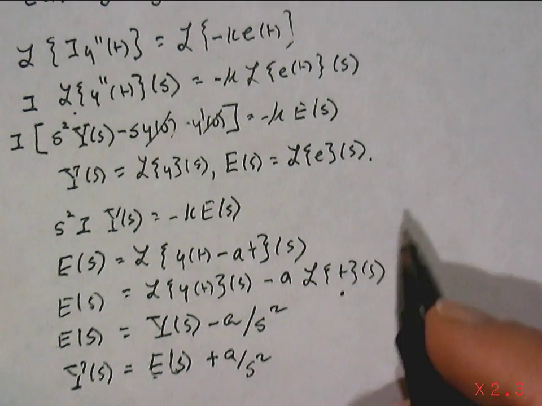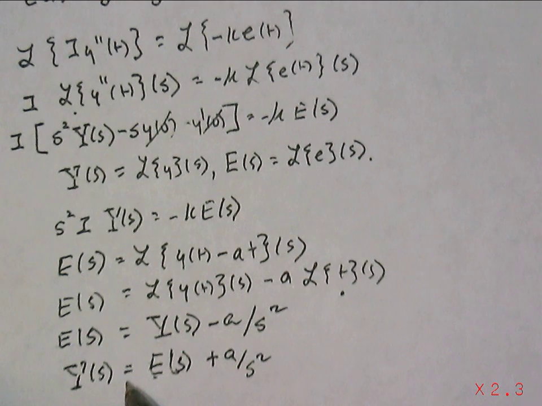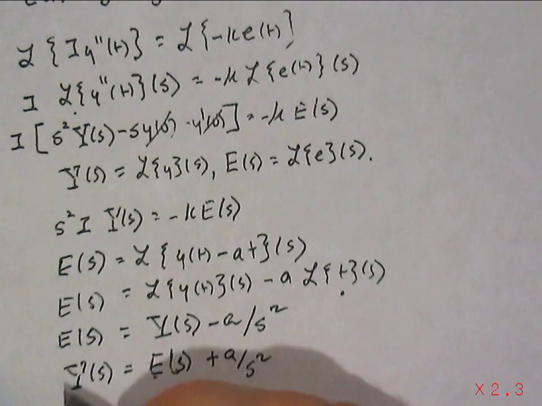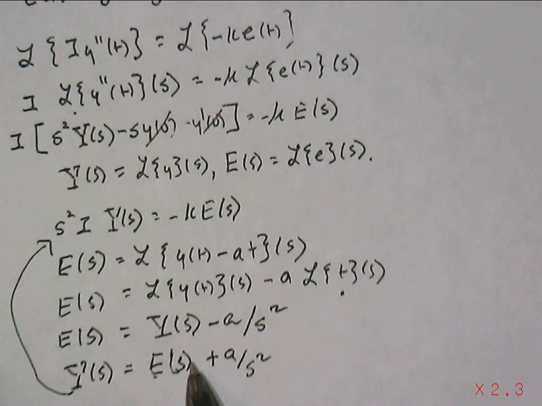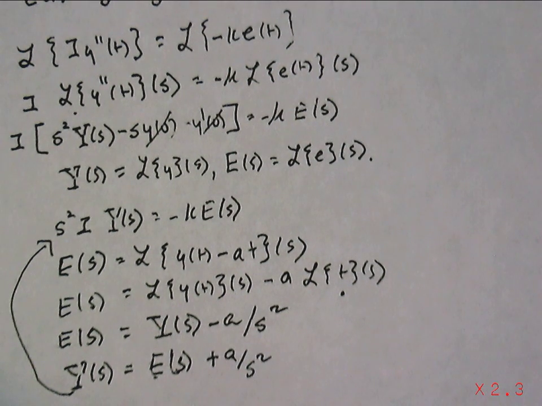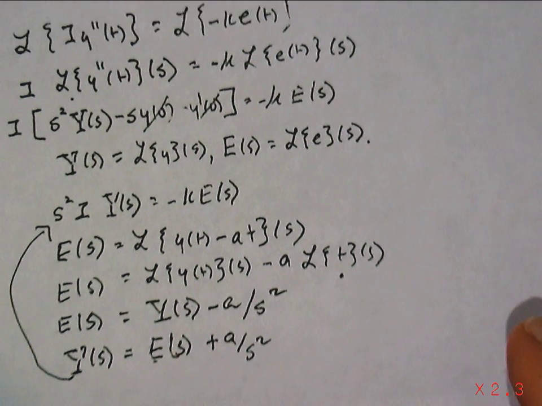Now what we want to do is take this information, go back to the equation up here, and replace y of s with this E of s expression plus a over s squared, to get an equation in the Laplace transform of E of t. That's what we wanted to solve for anyway, that deviation function.